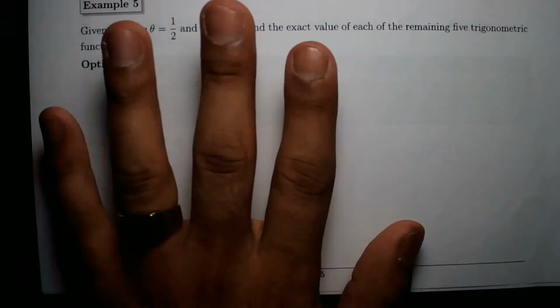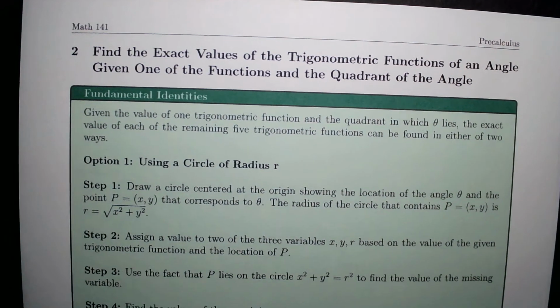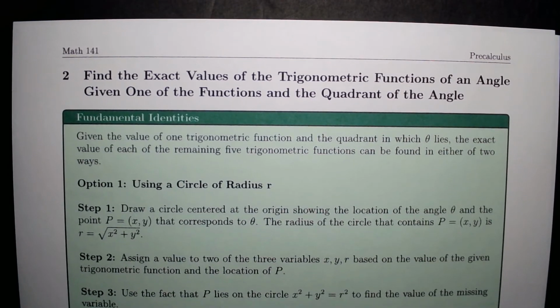All right. Let's move on to the next topic. Again, we're going to move on to obtaining values of trigonometric functions in different ways, using a quadrant or using identity. The way this exercise is presented is going to be a little bit different.